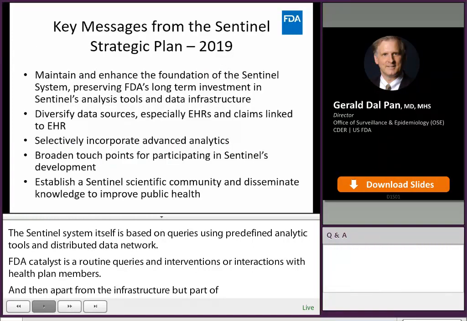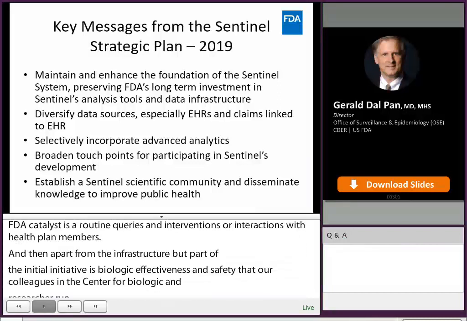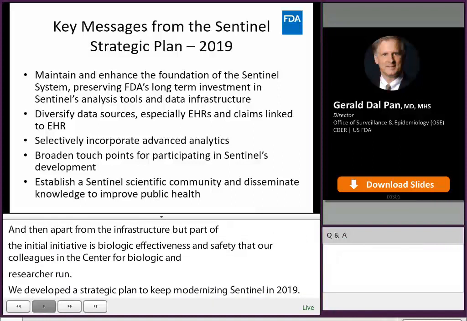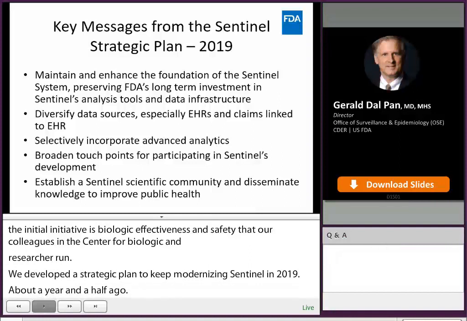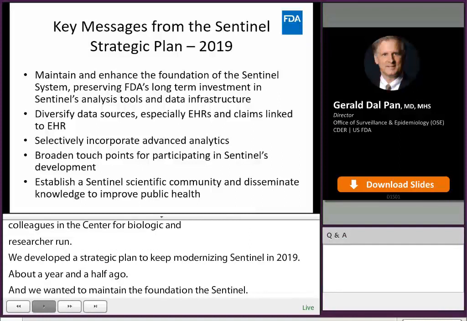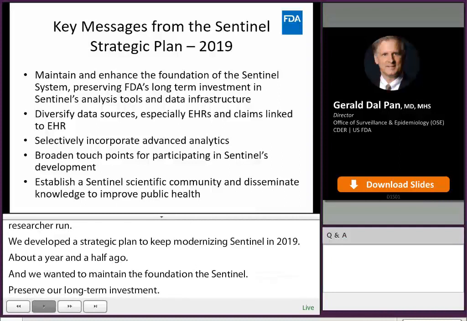We developed a strategic plan to keep modernizing Sentinel in 2019, about a year and a half ago, and we wanted to maintain the foundation of Sentinel, preserve our long-term investment in this, but diversify the data sources, move not only into claims data, where we have lots of experience, but into electronic health records and claims data linked to electronic health records.